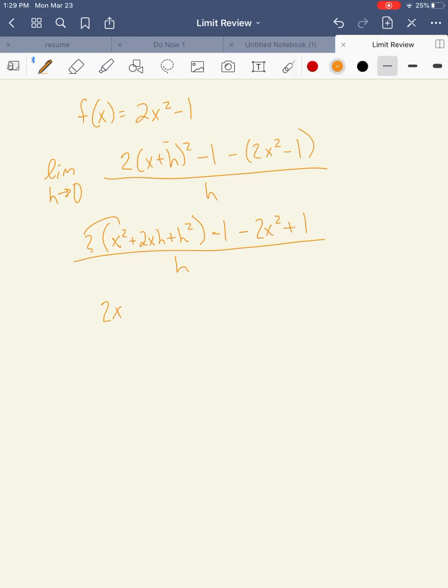So I get 2x squared plus 4xh plus 2h squared minus 1 minus 2x squared plus 1 all over h. Need to cancel out like terms. 2x squared minus 2x squared, negative 1 plus 1.